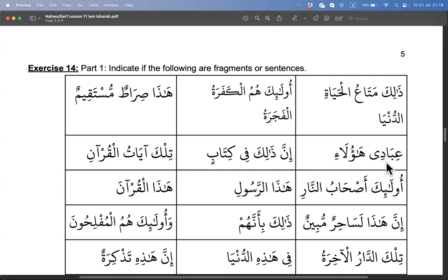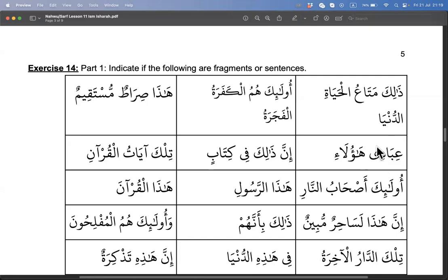Actually, it is two words: ibadi and ya. Ibadi is the plural of abid, so slaves, and then ya is "my," so my slaves.